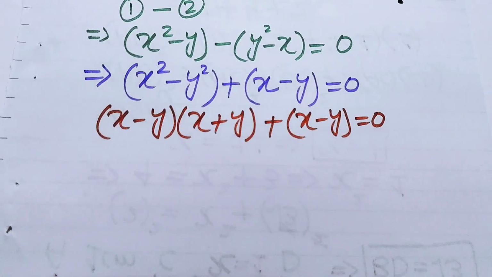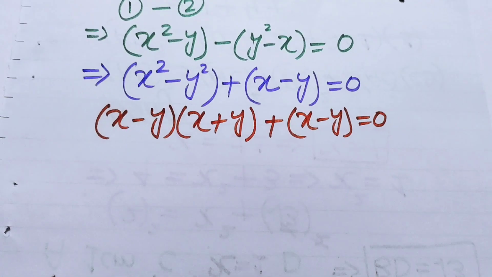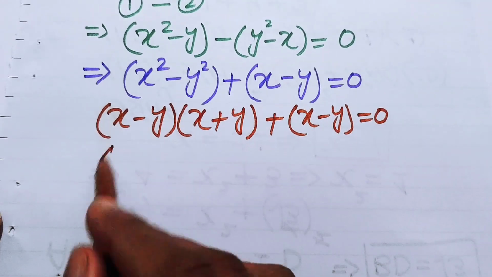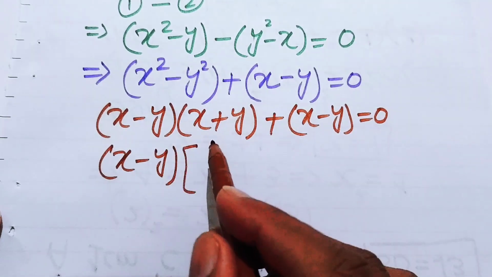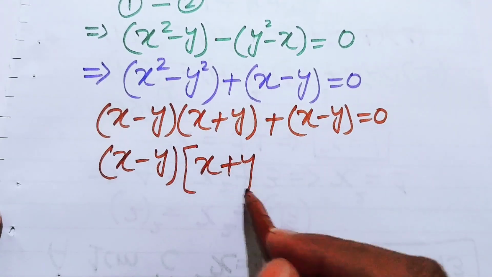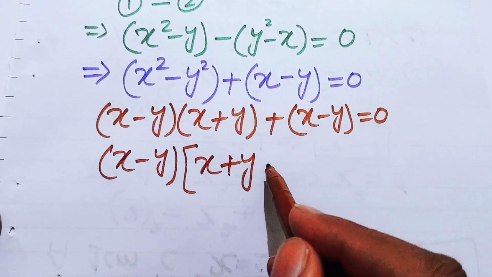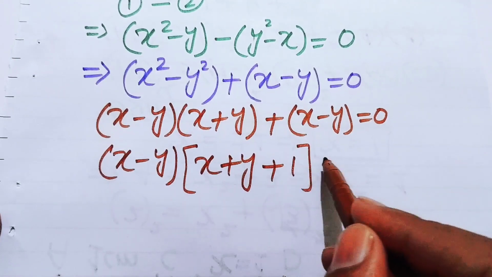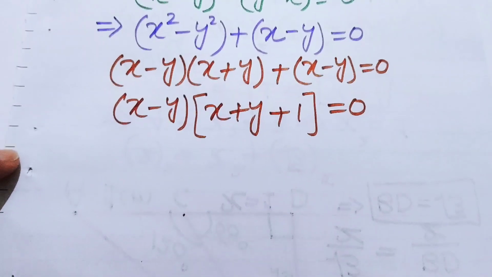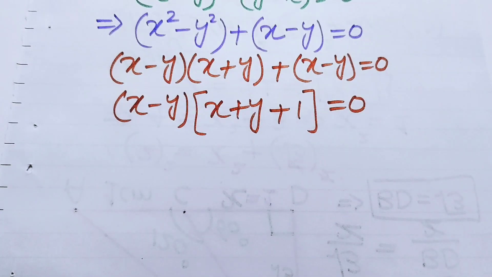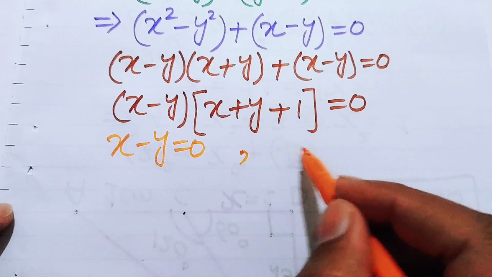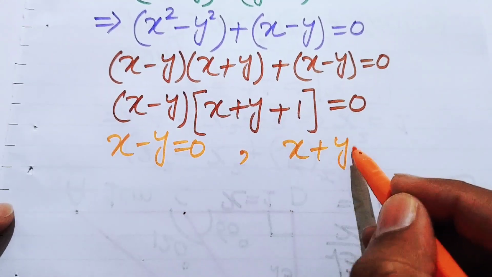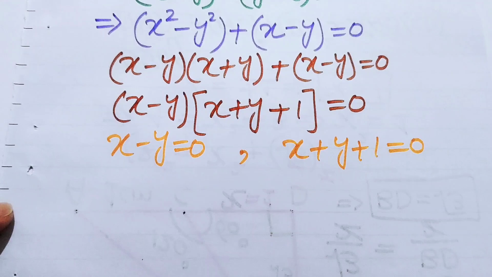So now you focus on both of the terms and you see that x minus y is the common factor on both terms, so we take it common and we get x plus y, and because we take common x minus y we get only 1, and this whole equals 0. So here we have two cases. The first case is x minus y equals 0, and the second case is x plus y plus 1 equals 0.